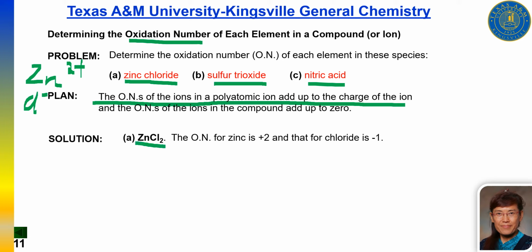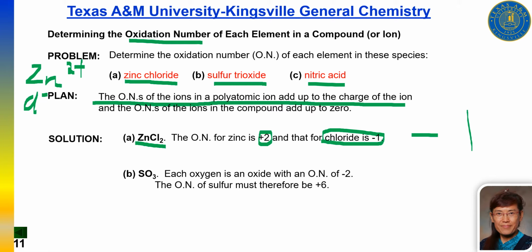For your zinc chloride, most halides, when they combine with metal, normally have -1 oxidation number. Zinc, if you go to the periodic table, is in 2B or 12. That zinc can lose 2 electrons. Therefore, zinc is +2.